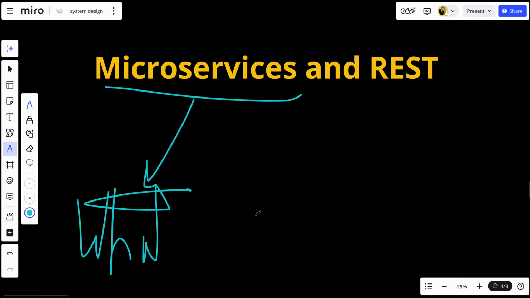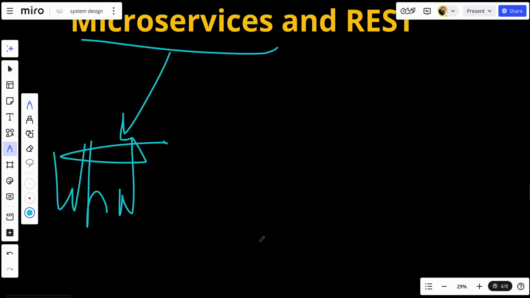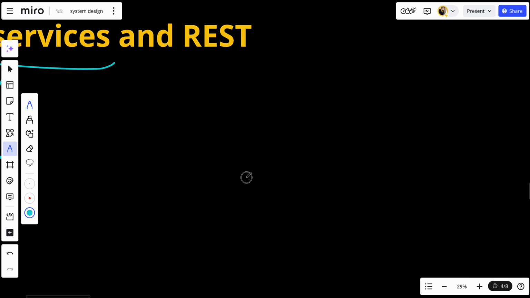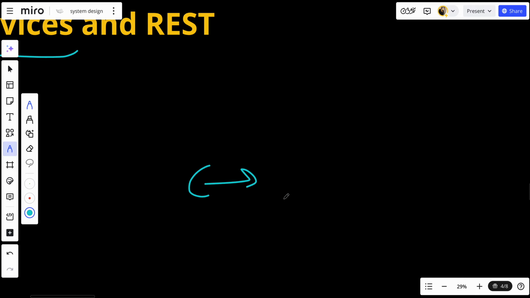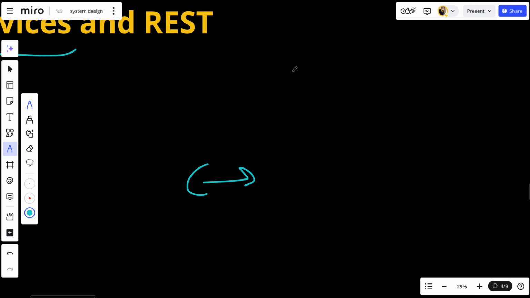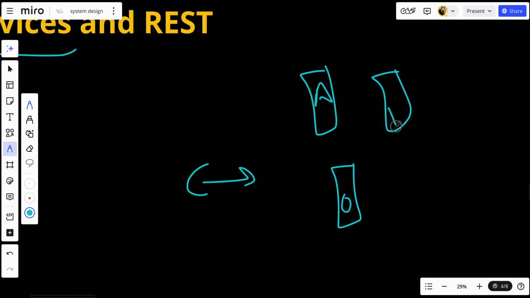For example, if we have a client that sends a request to the server, we will break down our application into small services. So we have one service that handles authentication, another one that handles orders, another one that handles the products, etc.